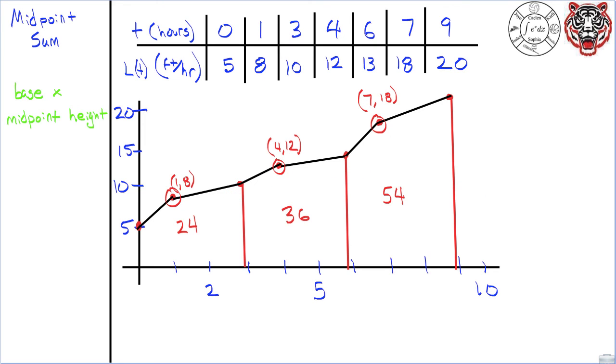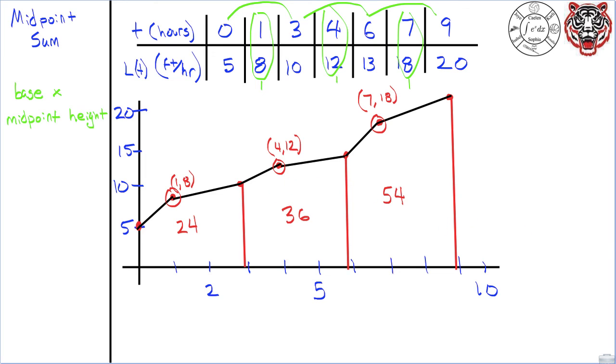You're looking at this height, this height, and this height, the intervals in between. This is how to go directly from the table. The distance between here and here was 3 with a height of 8. Distance between here and here was 3 with a height of 12. Distance between here and here was 3, height of 18. So you don't need to actually graph it. I just need you guys to visualize what's happening.